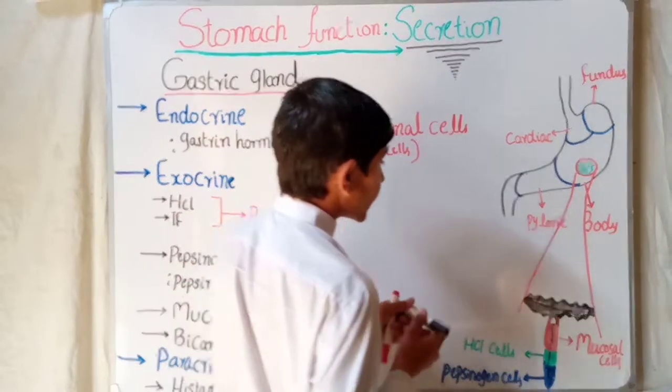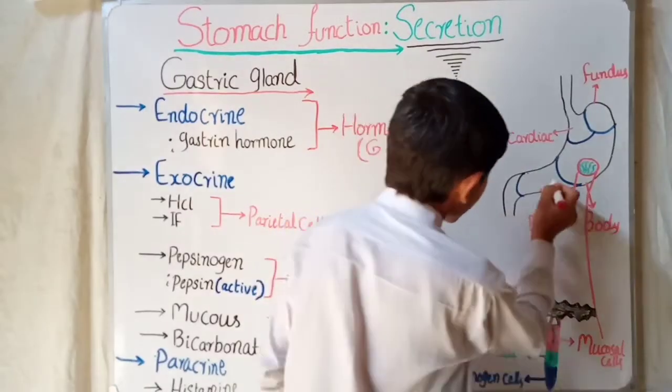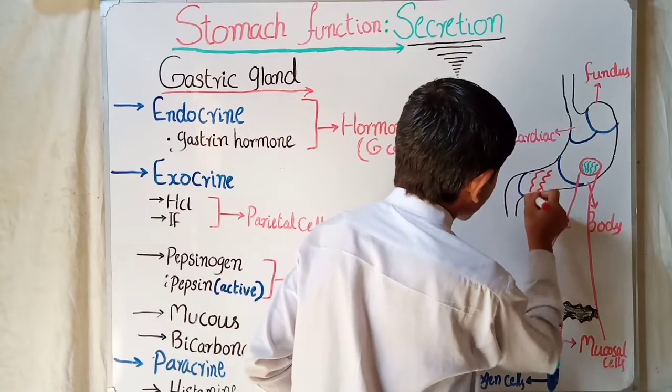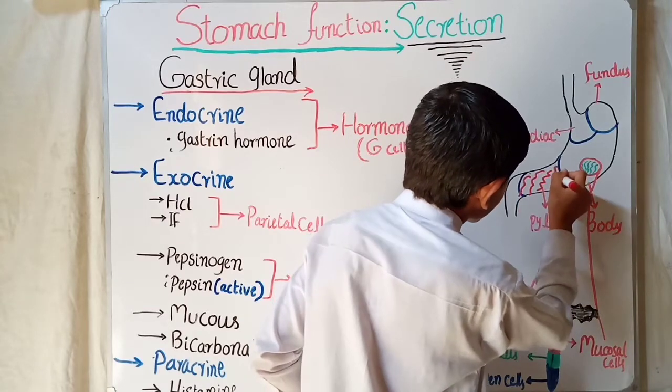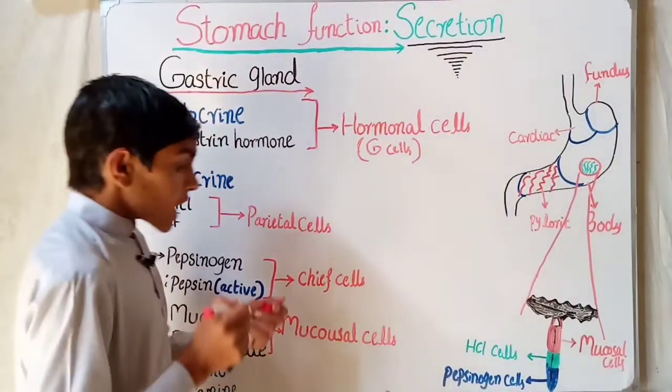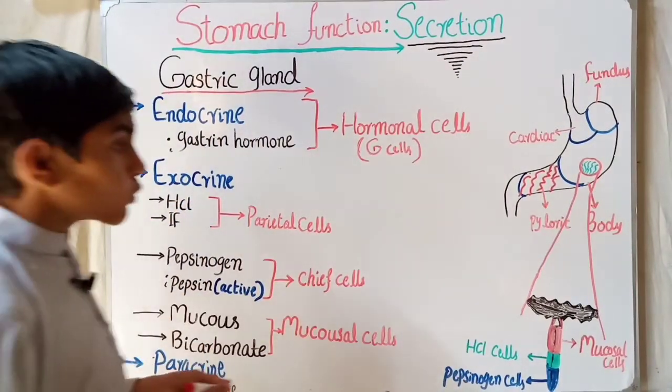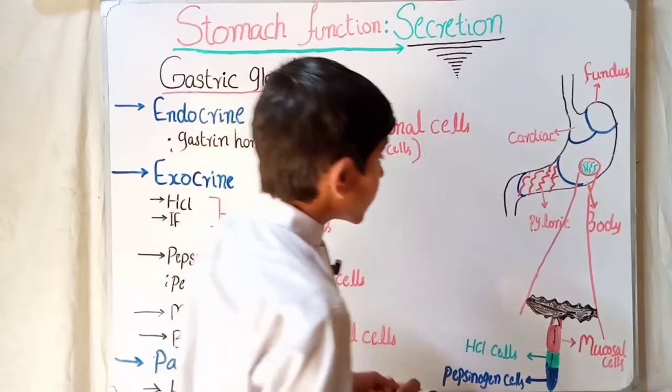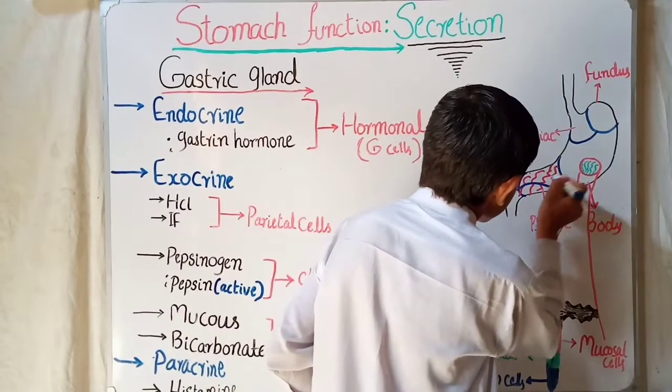In this pyloric part, you can see there are folds of the gastric gland which secrete the gastrin hormone.